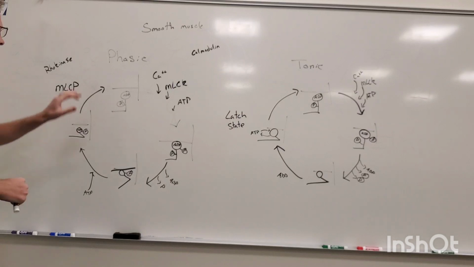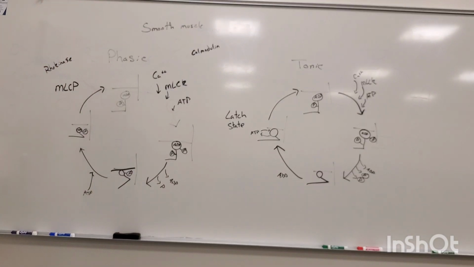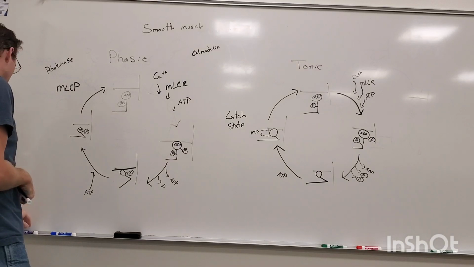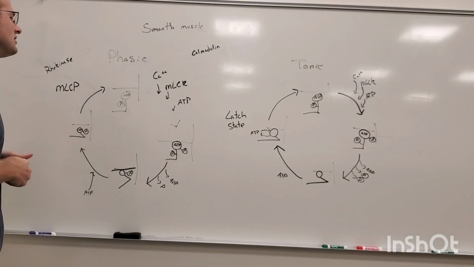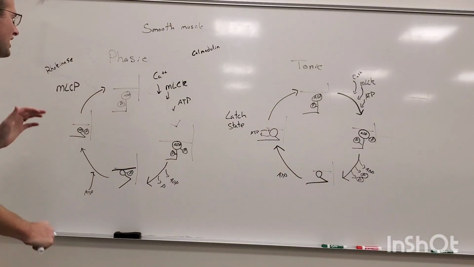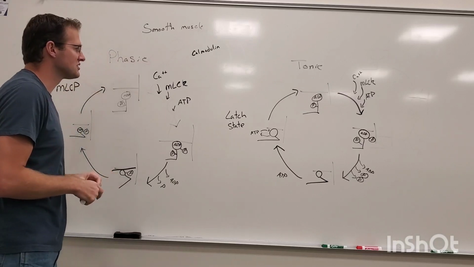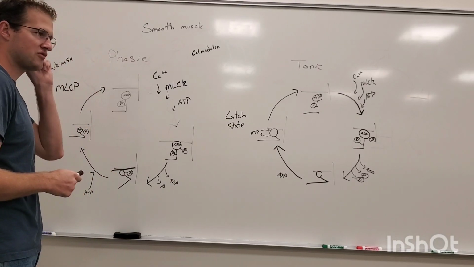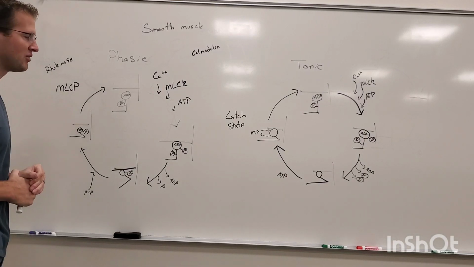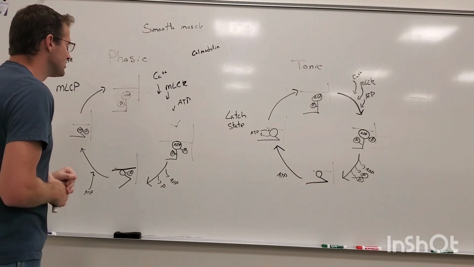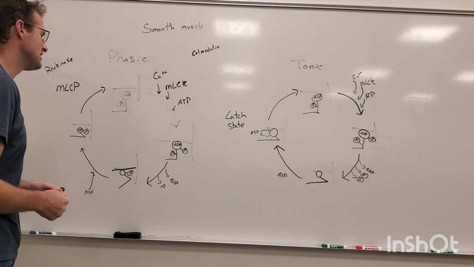So we'll start here. This is basically the same thing as skeletal muscle, except calcium plays a slightly different role. We don't have tropomyosin in smooth muscle, so calcium, we still need it for contractions, but calcium is going to act on two different proteins. The first protein is calmodulin. Calmodulin is able to activate this myosin light chain kinase.